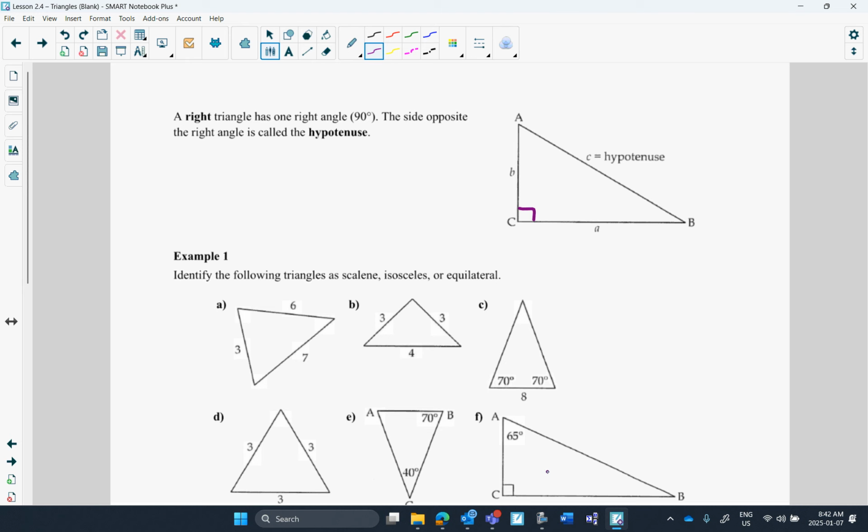In a right triangle, the side that's opposite the right angle is going to be the biggest side, because the 90-degree angle has to be the biggest. These two are always going to be smaller. So that means the side opposite is always going to be the longest side. And of course, we refer to that side as the hypotenuse.